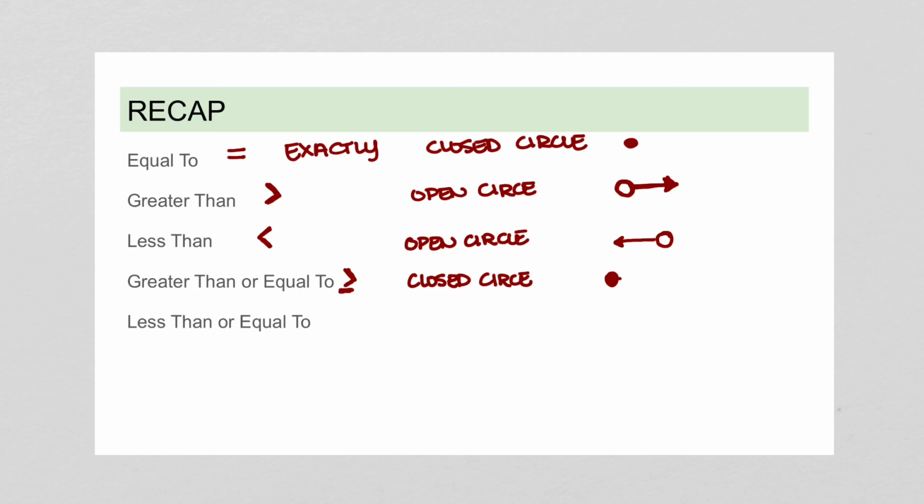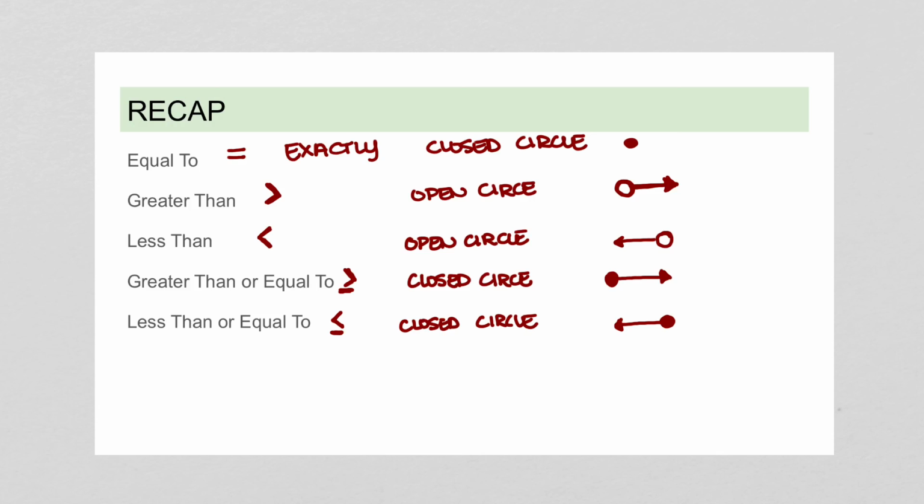But then we also have to have the arrow that says greater than, because it could be that dot, but it could also be the next number or the next number or the next number, all the way to the larger numbers. And in that same logic, less than or equal to is also going to have a closed circle, and it's going to point to cover all the values that are less than that, which on a number line lie to the left.